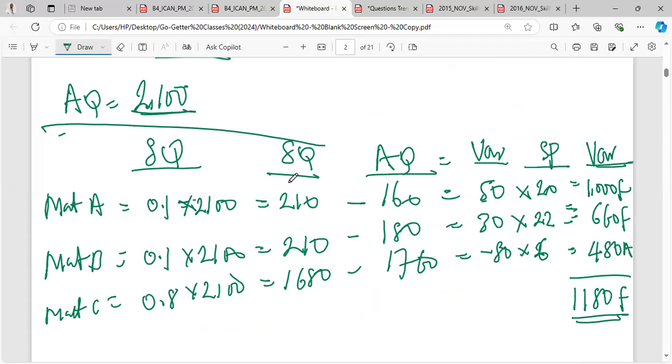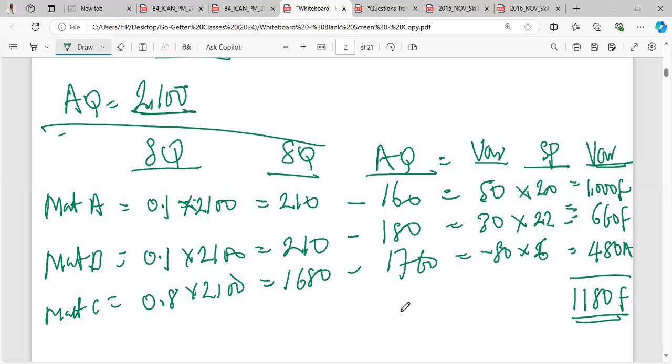It is different from the standard mix because for you to have done 2,100 in the standard way, you should have used 210 units of material. But in the actual, you now use 160. So it means that you use less than the standard, you got favorable. But in this case, you got adverse, you use more than the standard.